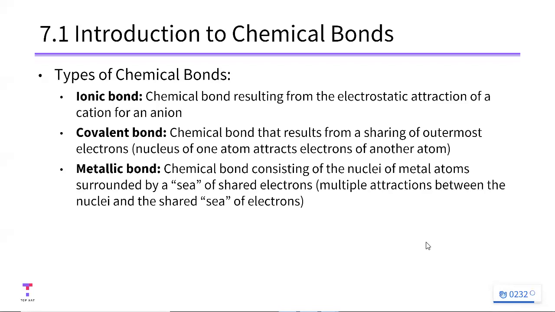For this reason, we don't just get one attraction. We don't get 2 attractions. We get lots of attractions. Those metal atoms are very, very, very well associated with each other.